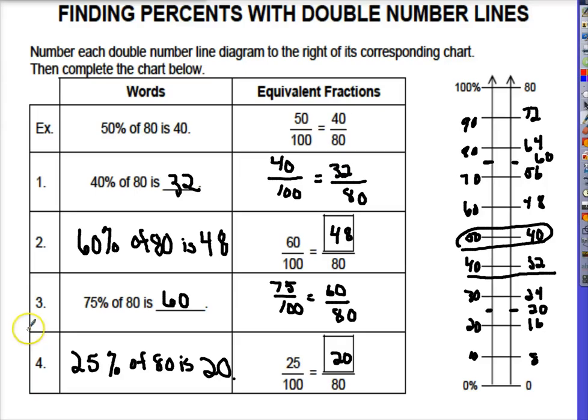Okay. So this is probably all we're going to have time for today. On Monday, we'll do more work with percents and finding percent of a number using double number lines. And I will also be going over with you what I refer to as the is-of process.